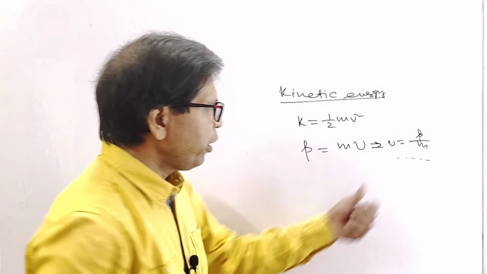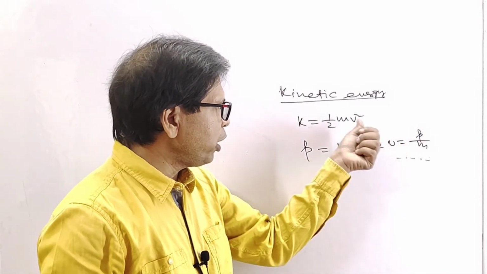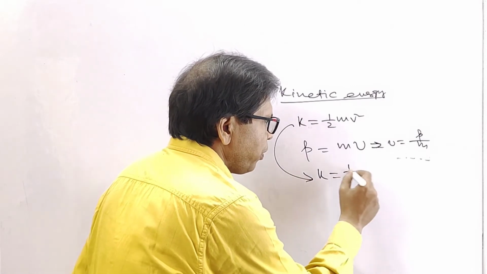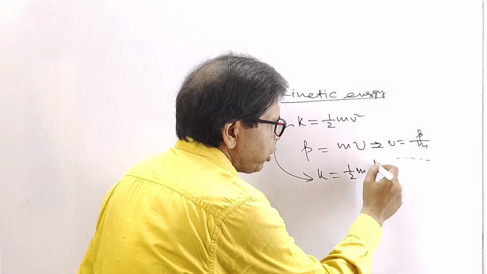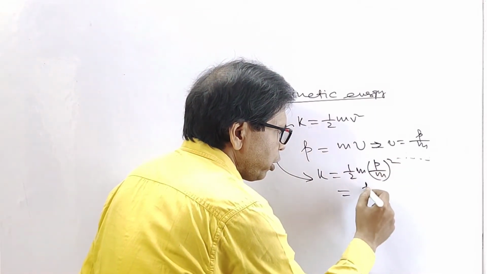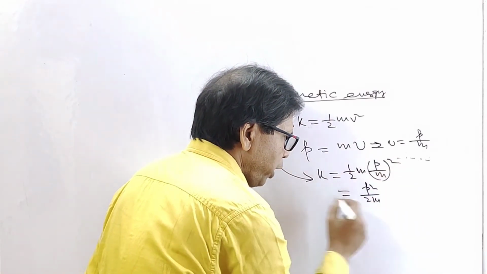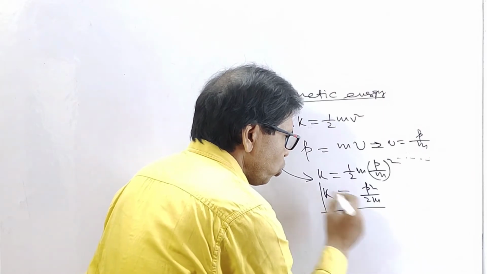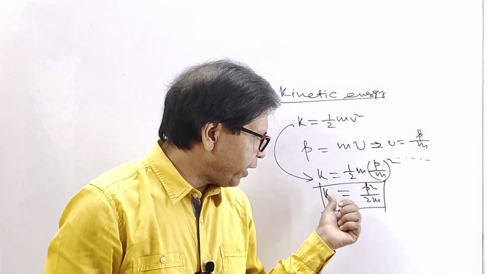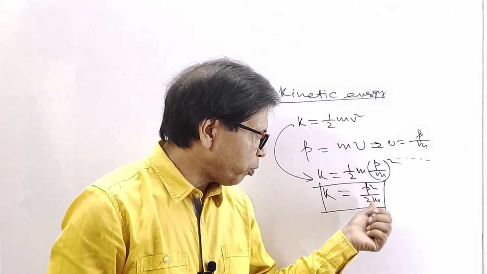If v equal to p by m is put here, we get K is equal to half, m into (p by m) whole square. So this is p square by 2m. Okay, understood?